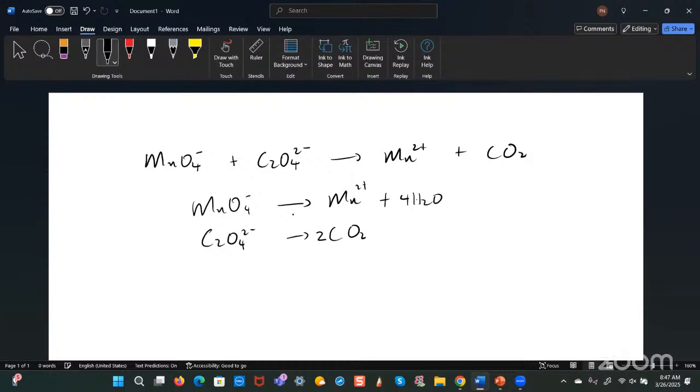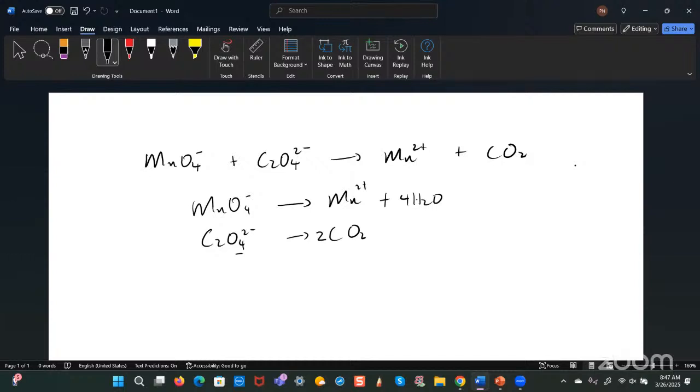All right, what about the second half equation? Exactly, we don't need to add anything because we have 4 oxygen on both sides, so we don't need to add any water molecules. Okay, very good. What is the next step?